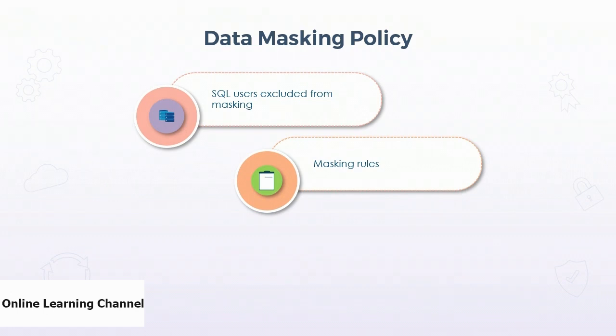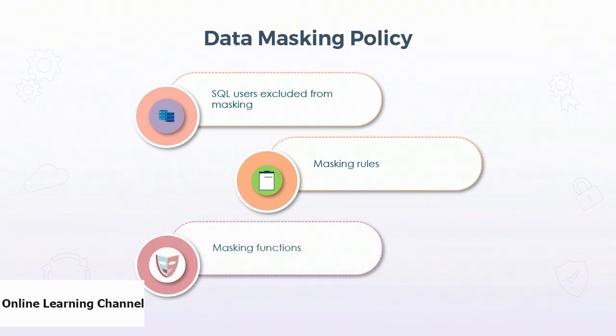Masking rules define the fields that actually need to be masked and what masking functions to use when doing so. The fields are defined by providing the database name, the table name, and the column name. Now, as for the masking functions, the third characteristic, there's a whole bunch of functions that you can use. These functions define how the masking will actually be applied.